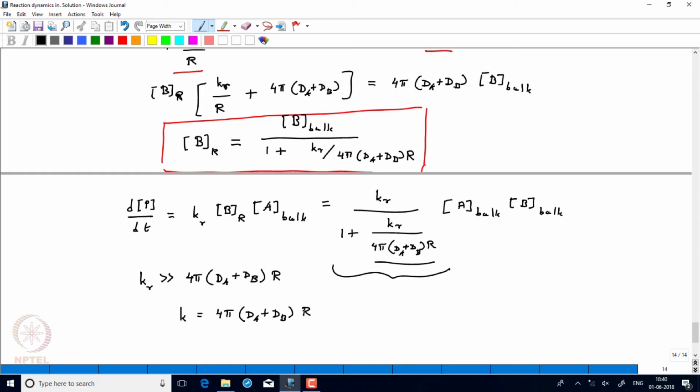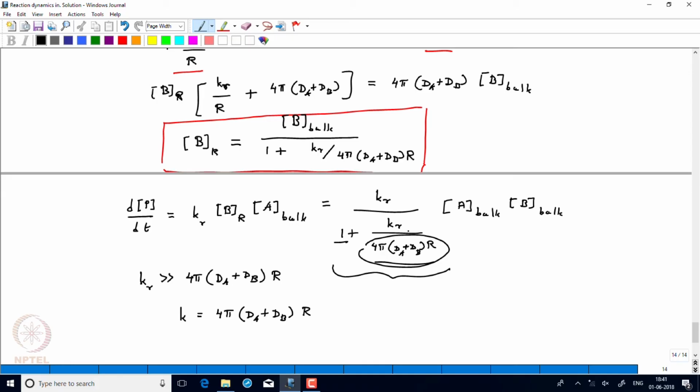It is very easy, because as you can see, this term is in the numerator. So, I will write it as 4 pi dA plus dB into R, because it is multiplied by 1 plus Kr, and then I will ignore that term.